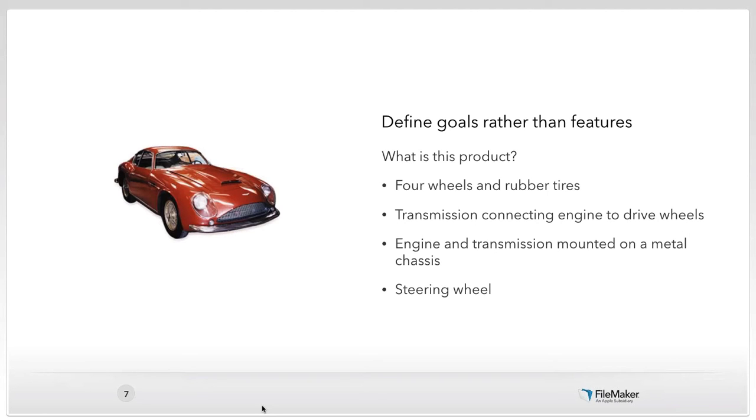The other thing that's obvious when you first see it, but you've really got to think about when you're going through your design, is defining goals rather than features. If you look at this product, you go through the features. It's got four wheels, it's using rubber tires, it's this, that, and the other, the features of what makes it work, and you'll probably think, okay, that's a car.